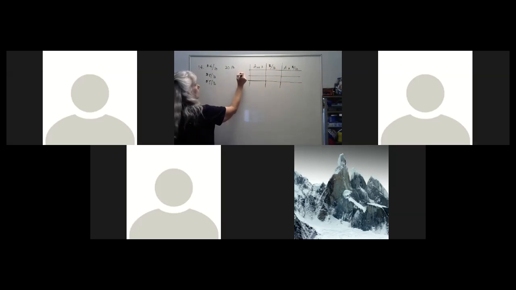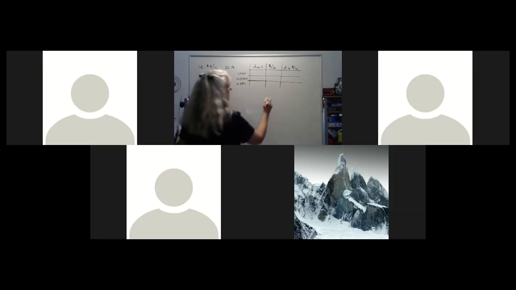Okay, so I'm going to call this the cheap stuff, the expensive stuff, and the middle of the road stuff. So that's going to help me get those dollars per pounds in there. So the cheap stuff was $4 a pound. The expensive stuff is $8 a pound. And the middle is the $5 a pound.